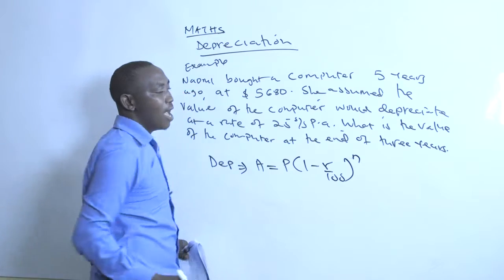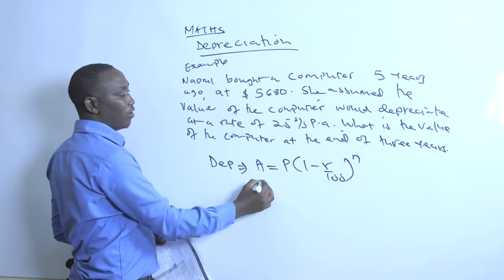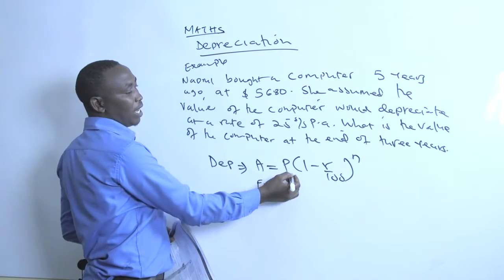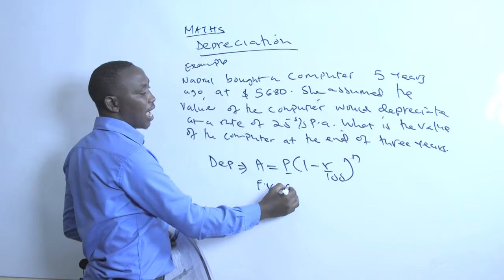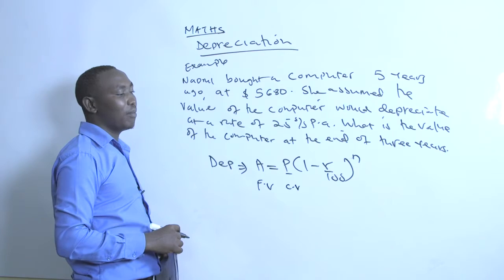A denotes what we call the final value of that particular item. P in this case will denote the current or the original value of that particular asset.